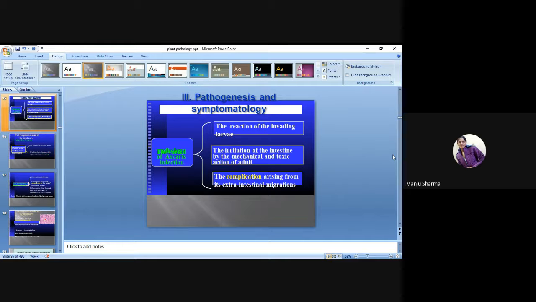Then the pathogenesis and symptomatology: the reaction to the invading larva, the irritation of the intestine by the mechanical and toxic action of adults, and the complications arising from extraintestinal migrations.